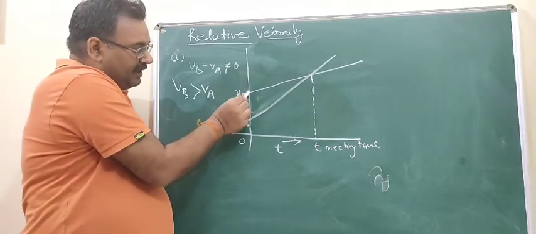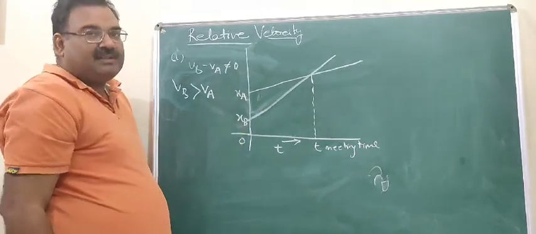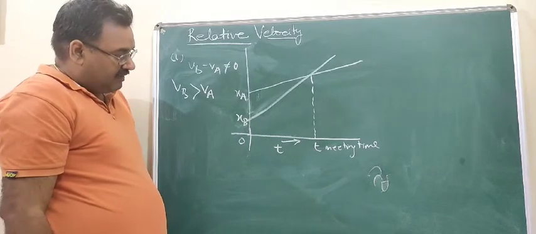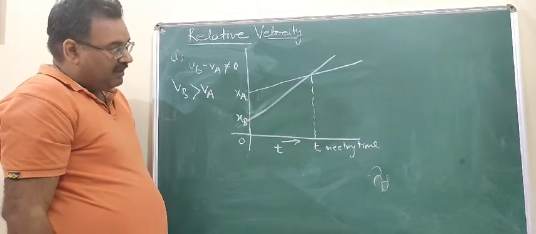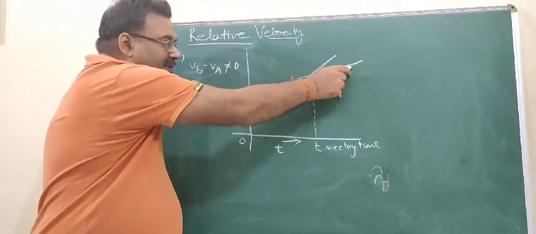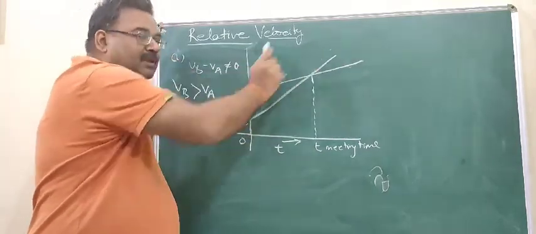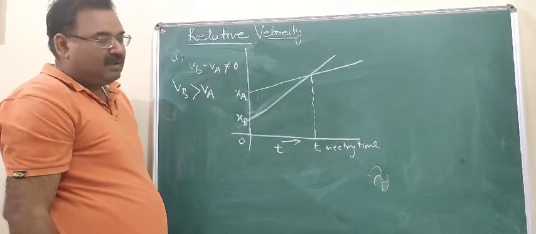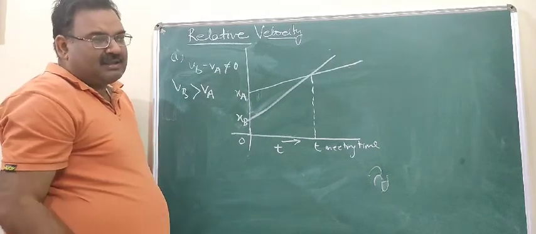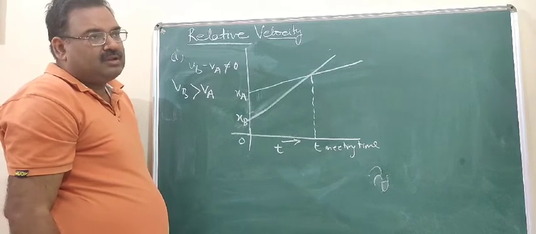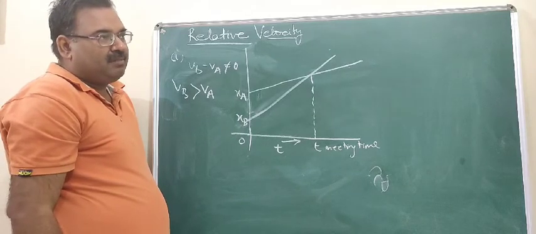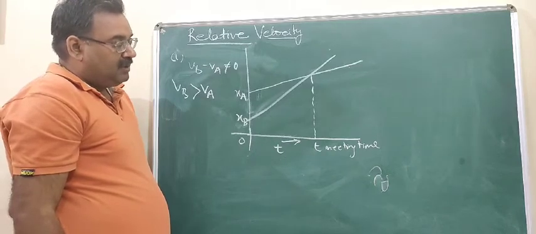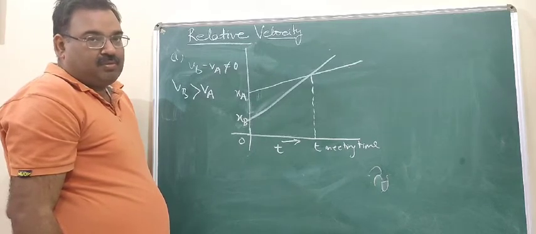A की पोजीशन डिस्प्लेसमेंट क्या है? ज़्यादा है B से. तो v_B minus v_A क्या आएगा? नेगेटिव आएगा. और मिलने के बाद A वाला ग्राफ नीचे चला गया और B वाला ग्राफ ऊपर चला गया, तो क्या आएगा? पॉजिटिव आएगा. क्लियर? ग्राफ को देखते ही बता सकते हैं कि रिलेटिव वेलोसिटी ज़्यादा है कि कम है, पॉजिटिव है कि नेगेटिव है. कैसे? स्लोप से. B की स्लोप ज़्यादा है और A की स्लोप कम है.